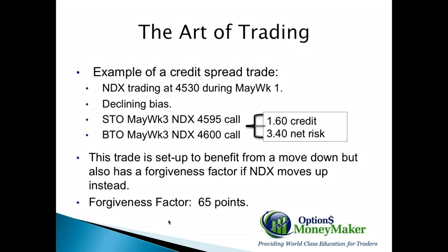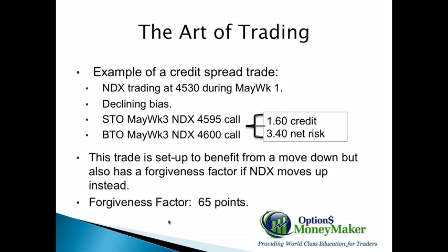So NDX, which is the NASDAQ 100 index, was the equity that we were trading. We trade indexes, and I'm going to talk more about the whys of that, but we basically confine 98% of our trading to NDX, NASDAQ 100, SPX, which is the S&P 500, and RUT, which is the Russell 2000.